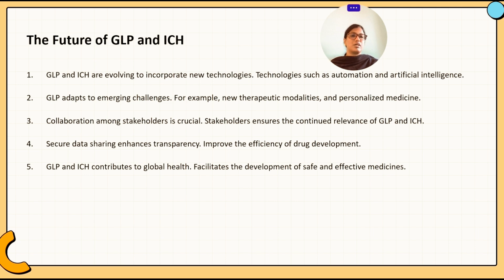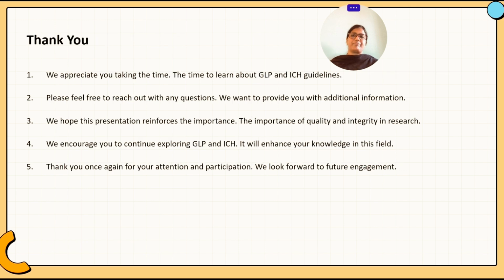Stakeholders ensure the relevance of GLP and ICH. So secure and transparent data will help us improve drug development further in the future. And GLP and ICH are very much essential for global health. They help us ensure the safety and efficacy of all effective medicines.